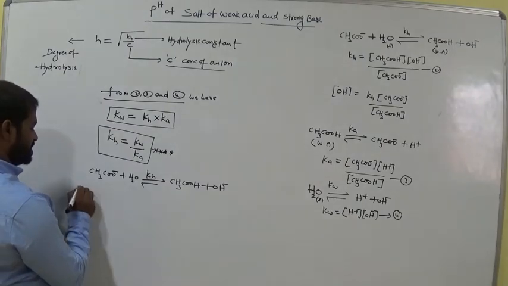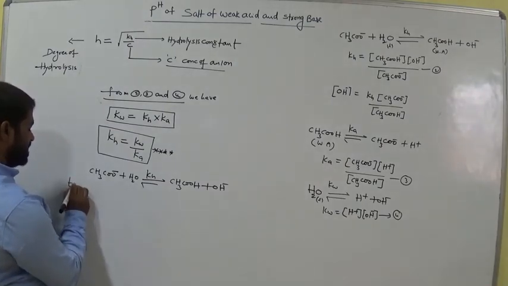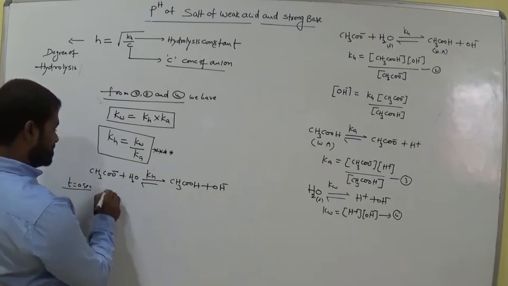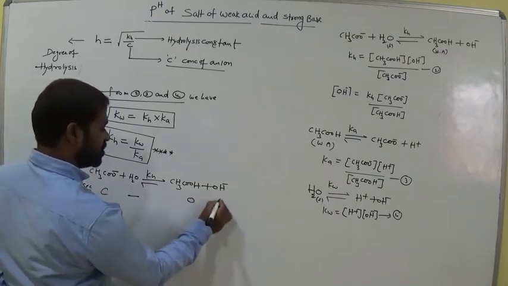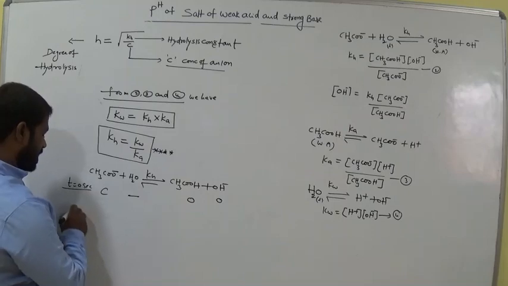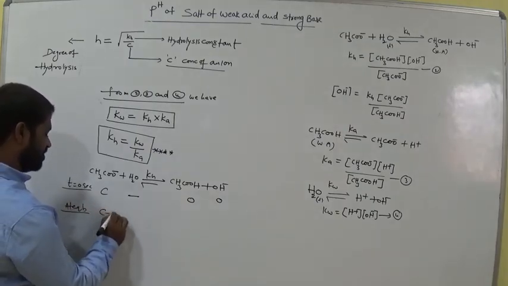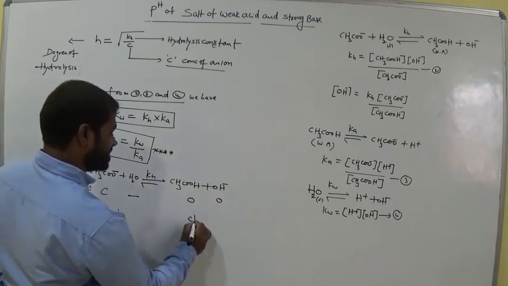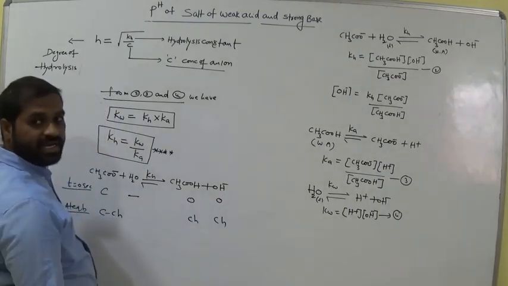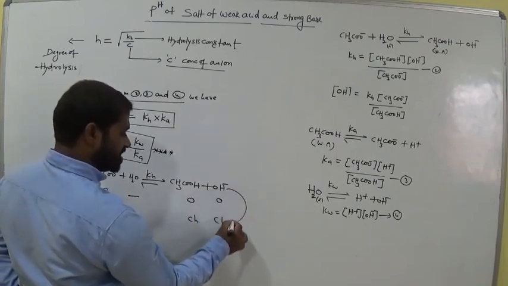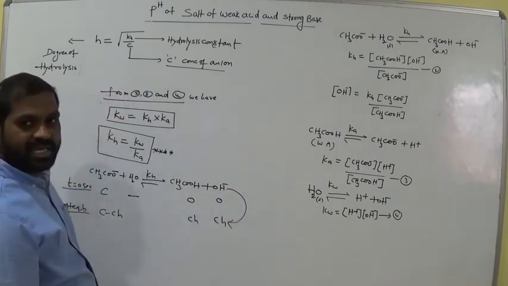Now this is at t equals 0 seconds. What is this value? C, it is constant, 0, 0, am I right? And now at equilibrium, what is the relation? C minus Ch. Here it is Ch and Ch, am I right? I have already explained this above. So now what is the equilibrium concentration of OH minus? Ch, am I right?